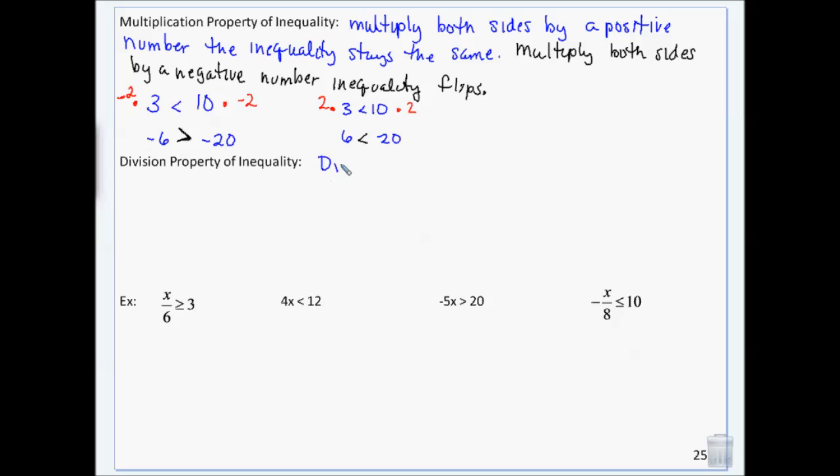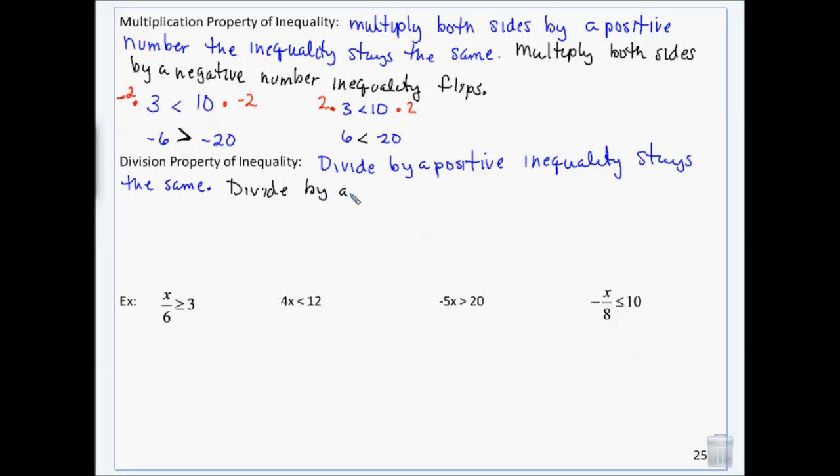If we divide by a positive, the inequality stays the same. But if you divide by a negative, you have to flip. Okay.